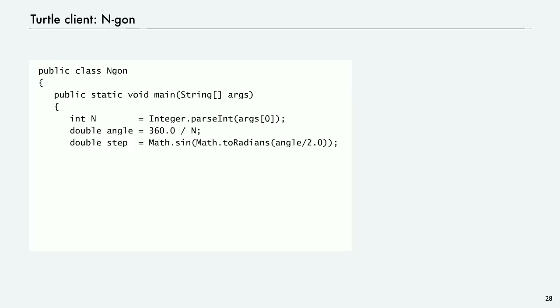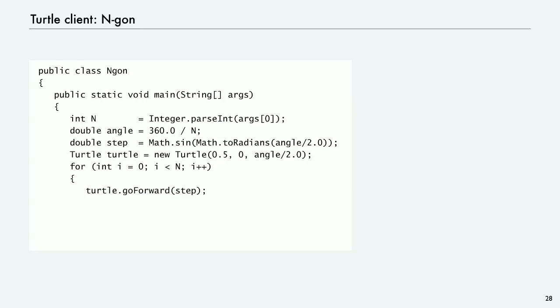And then this just computes a step size that means the thing will fit inside the unit square, and I'll skip that math for now. We create a new turtle, x coordinate halfway through, y coordinate 0, and then angle over 2 actually. And then n times we just say go forward, turn left, and that's it.